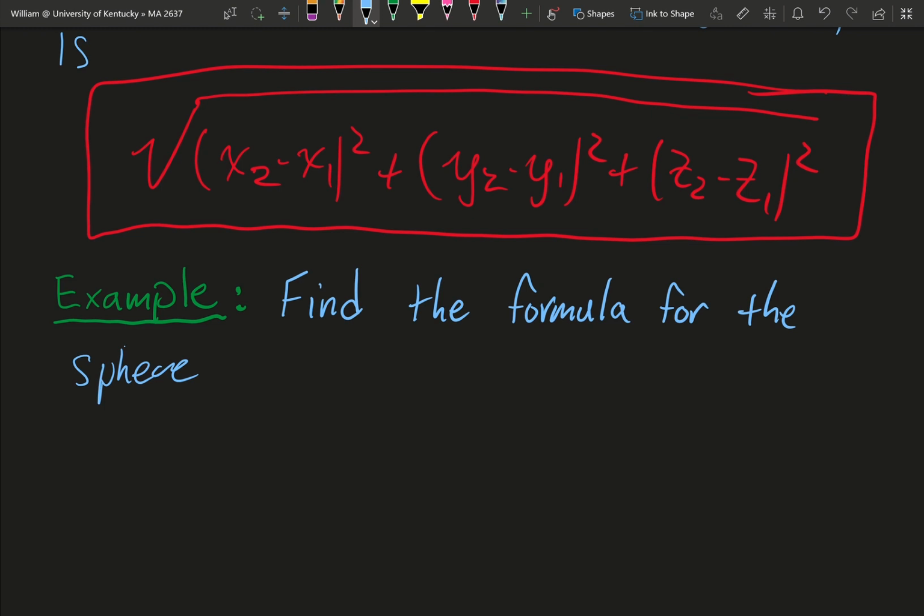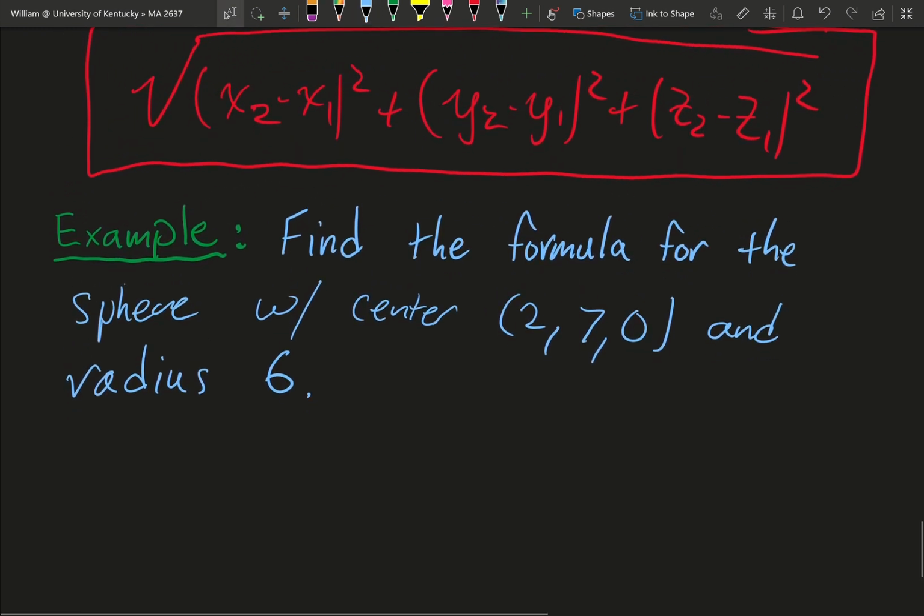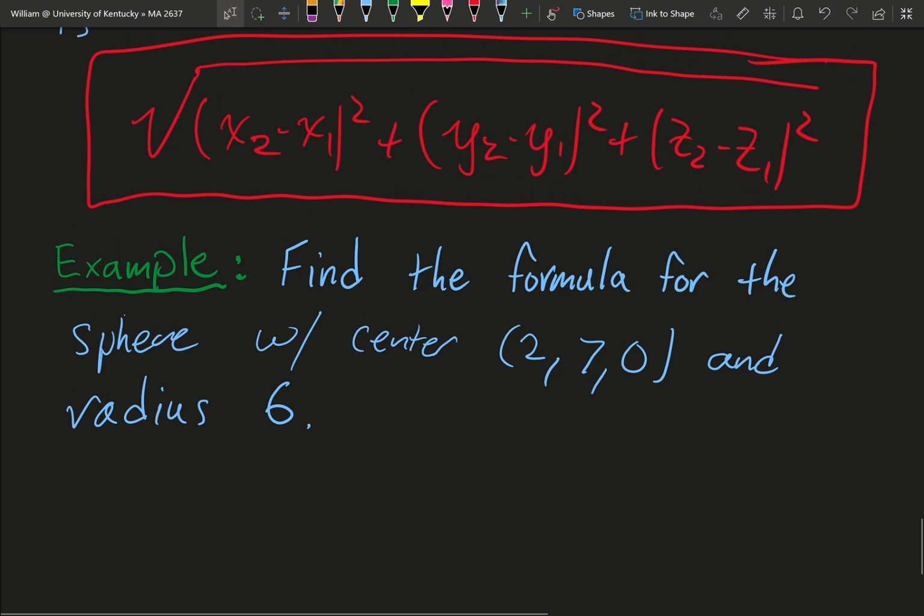We want to find the formula for the sphere with center (2, 7, 0) and radius 6. And remember, if you think about a sphere, if you have the center, the sphere is just all those points which are some set distance away from the center. So for this case, we want all the points which are a distance of 6 away from (2, 7, 0).